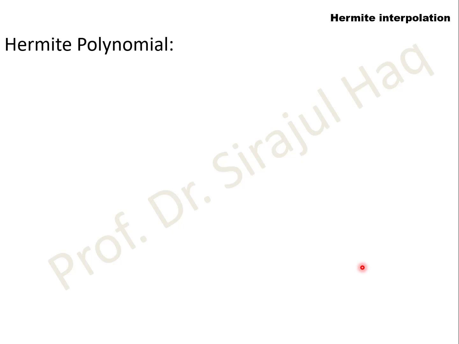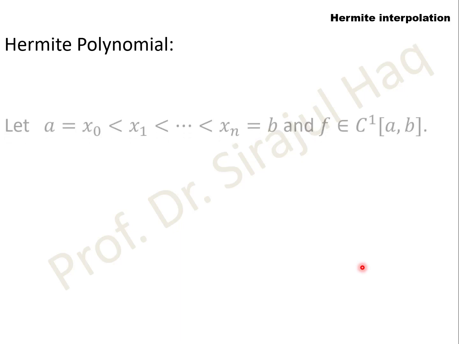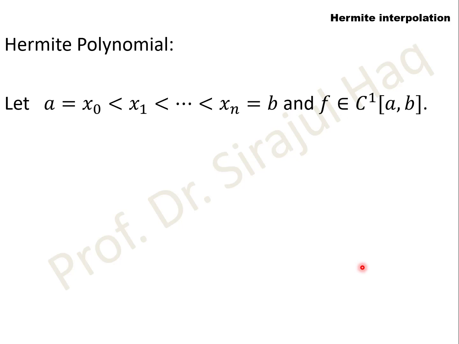First of all, let's go for what is Hermite polynomial. Let's assume we are having an interval and function f along with its derivative is continuous in that interval.